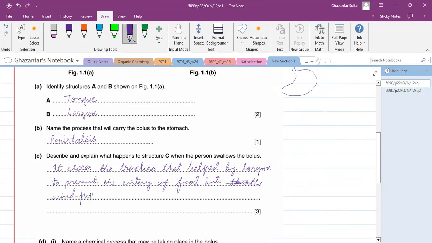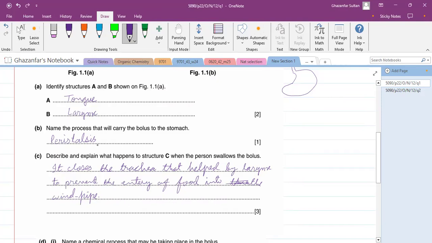Otherwise, what happens? If the windpipe is not closed, then there might be a choking hazard. So it closes the trachea, held by larynx, to prevent the entry of food into the windpipe, or in other words, you can say that to prevent the choking hazard by the food.